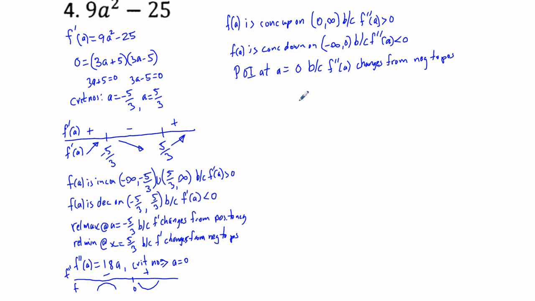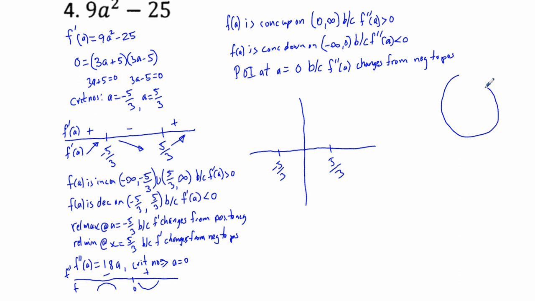Okay, and then for a possible sketch of a graph, we have our critical numbers negative 5/3 and 5/3. We see that we are, this circle business again, okay, with the circle here.